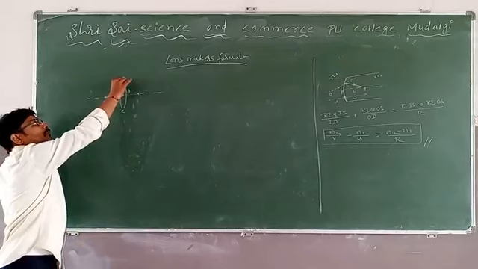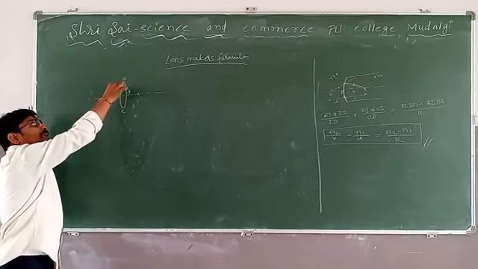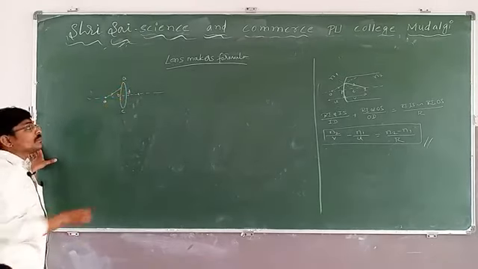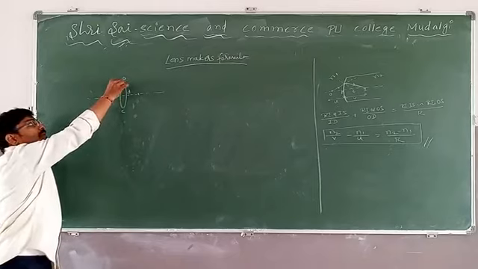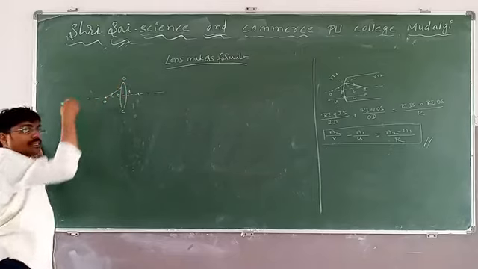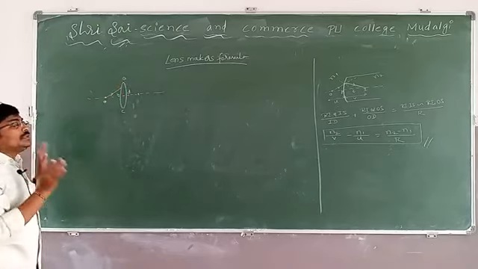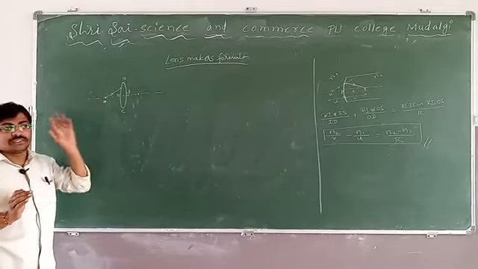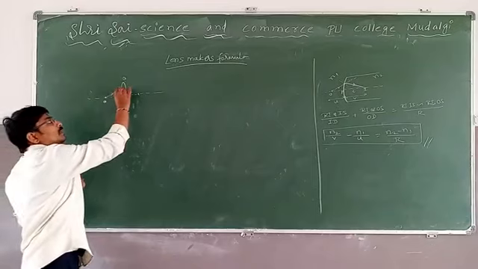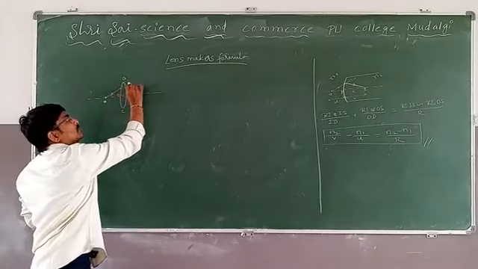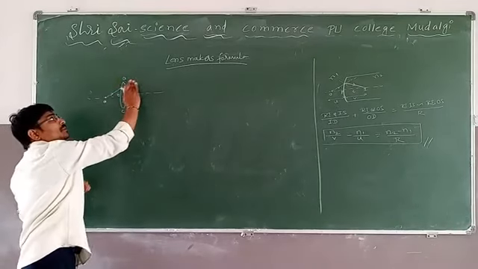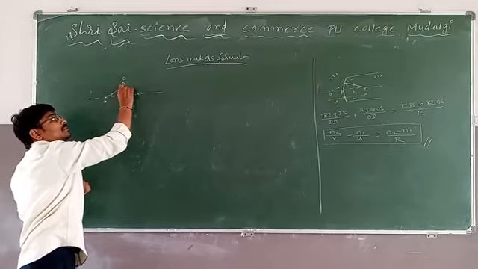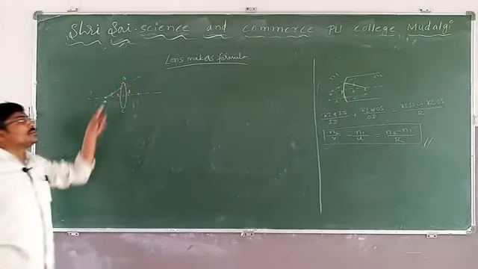See, when the light is incident on the ABC surface, remember, it gets refracted. If there were no ABC curved surface, what would happen? It would move in this direction, the same direction. But now it is not like that. Now it is not moving in this way.